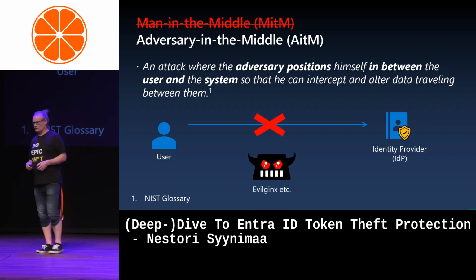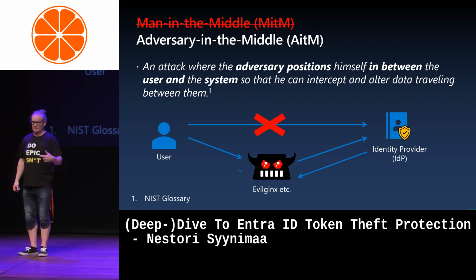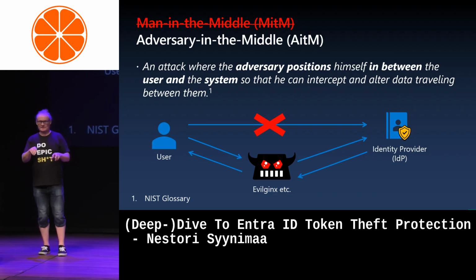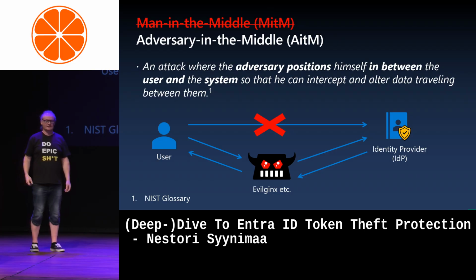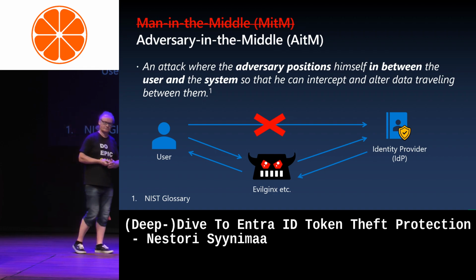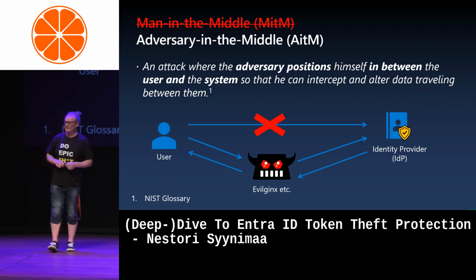Instead, it goes to EvilThings or whatever you are using. EvilThings shows you our login page. You type in your username and password, maybe do the MFA without FIDO keys, and what attackers get is your access tokens, refresh tokens, and also the session cookie. After that, they can just log in because they have your tokens.